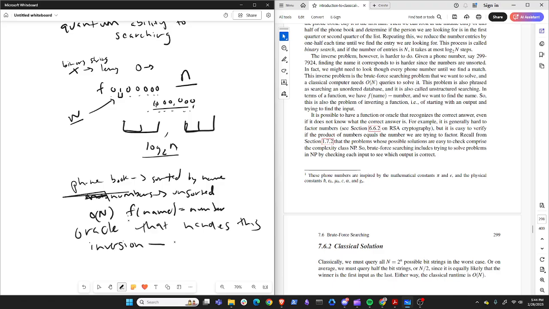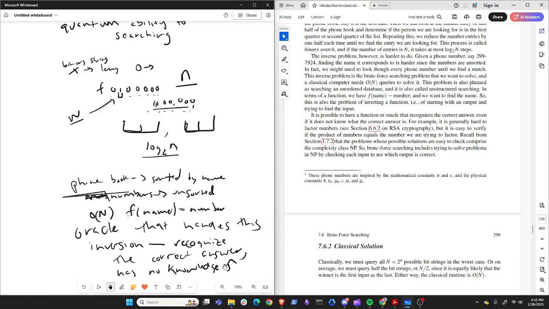In other words, it can recognize the correct answer even if it has no knowledge of what the correct answer is, no knowledge of the correct answer.